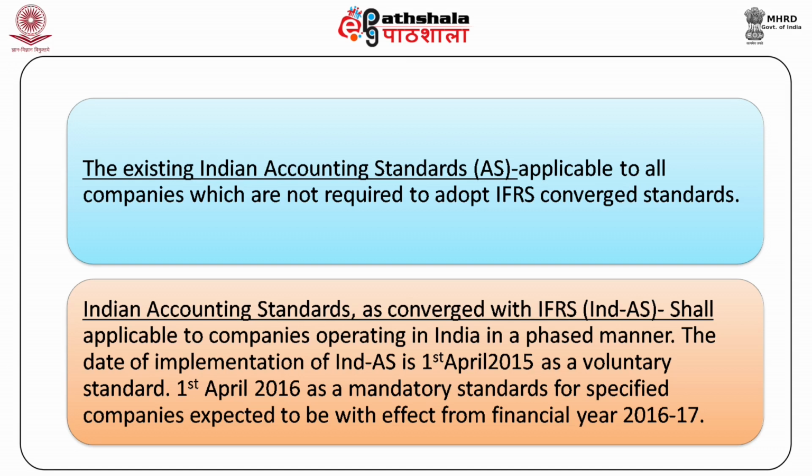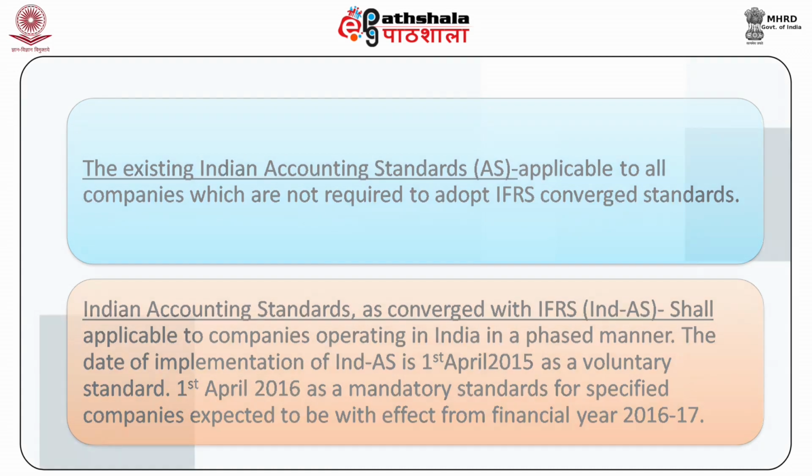The date of implementation of Indian Accounting Standards is 1st April 2015 as a voluntary standard, and 1st April 2016 as a mandatory standard for specified companies, expected to be with effect from financial year 2016-17.